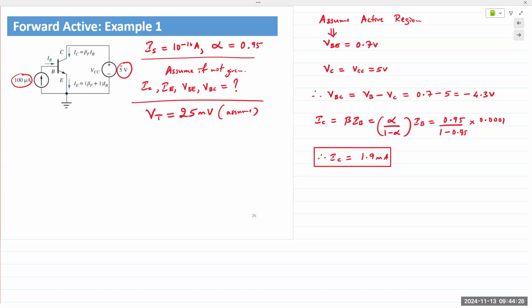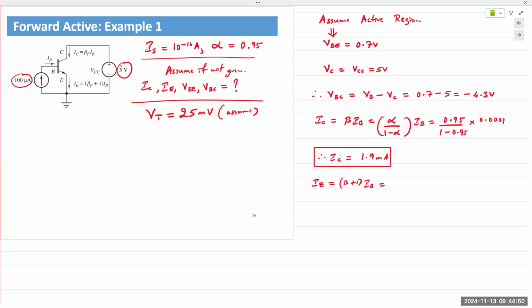So now we have IB and we have IC. We can apply two equations to find IE. Alpha is the ratio of IC to IE, so we can apply that and directly find IE. Or we can also apply the other equation, which is beta plus 1 times IB.